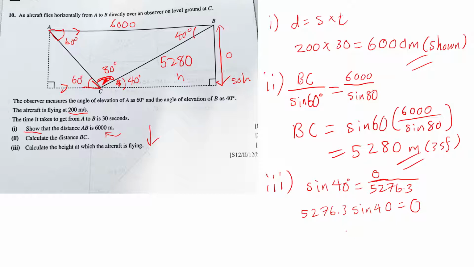So the opposite side will be equals to 3,390 meter, and this is to 3 significant figure. Alright.